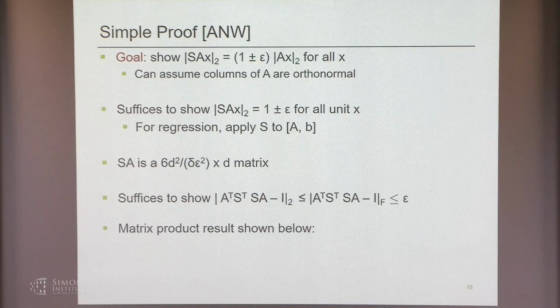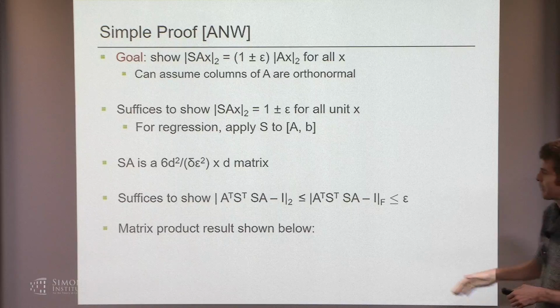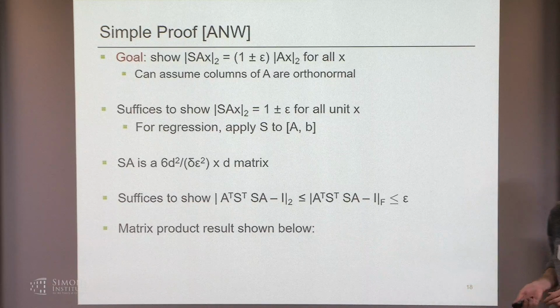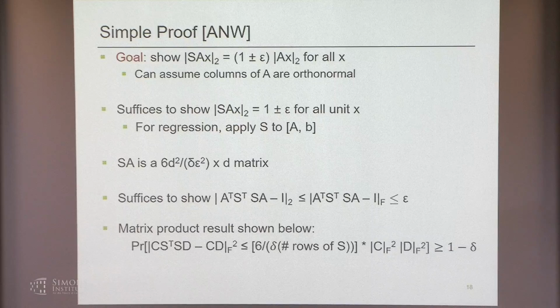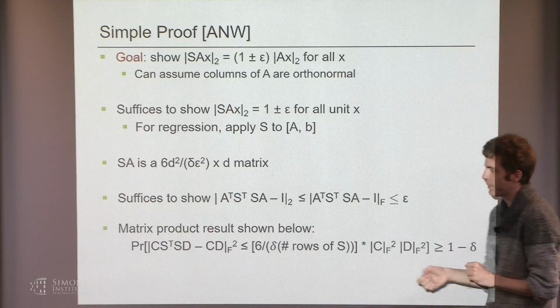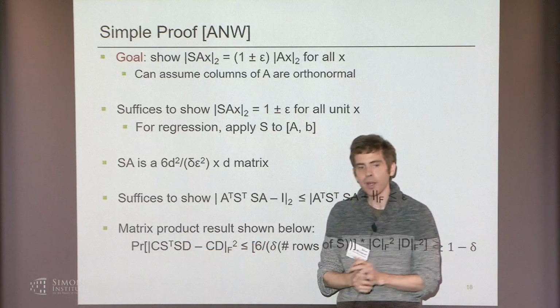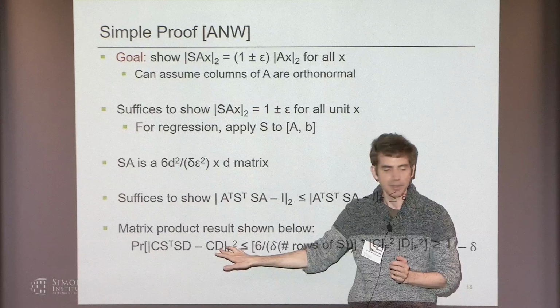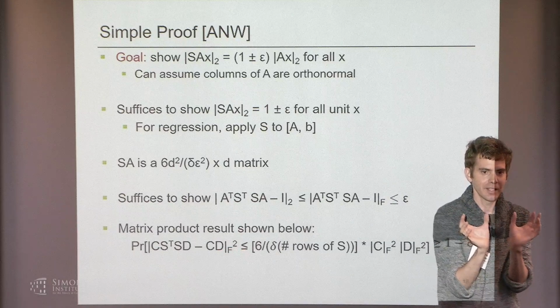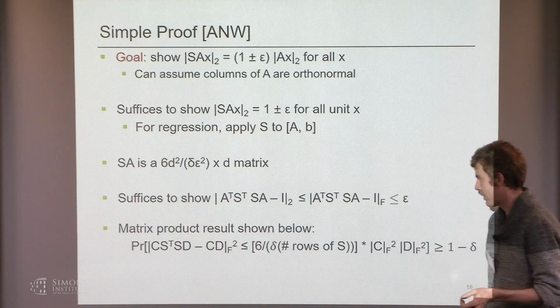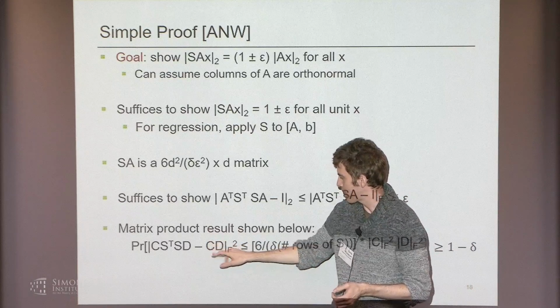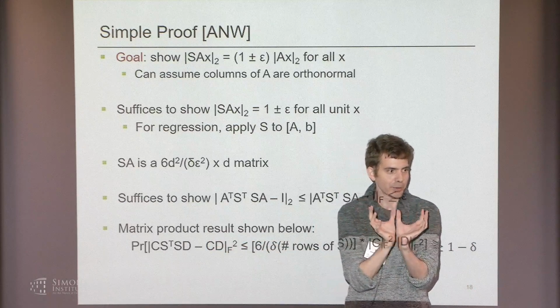Okay, so what we'll show below is the following matrix product result. You give me any two fixed matrices C and D. If I sample one of these random CountSketch matrices S, then I can approximate the matrix product C times D. Suppose the number of columns of C is the same as the number of rows of D, so that these can be multiplied.